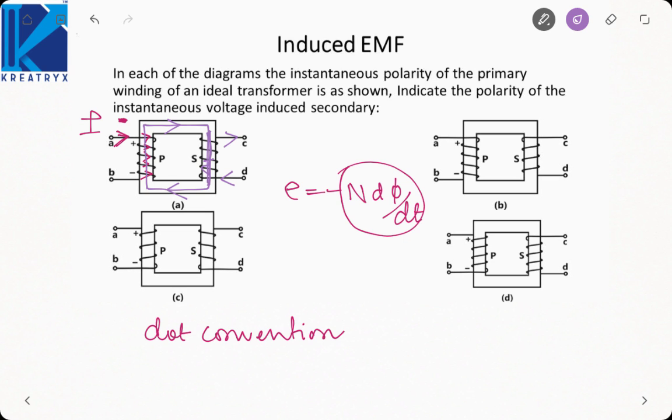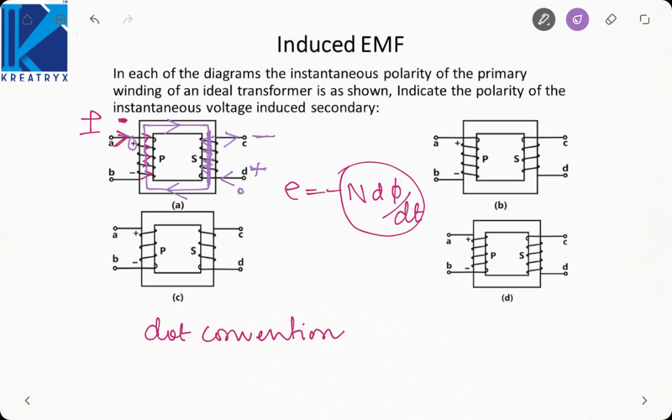In that case, the current will flow like this and the flux will be downwards. Now wherever the current is entering, you have to place the second dot there. Now once we have got the dot, here as you can see the dot is positive, so here also the dot will be positive. So now we have figured out the polarity of induced EMF in the secondary winding.